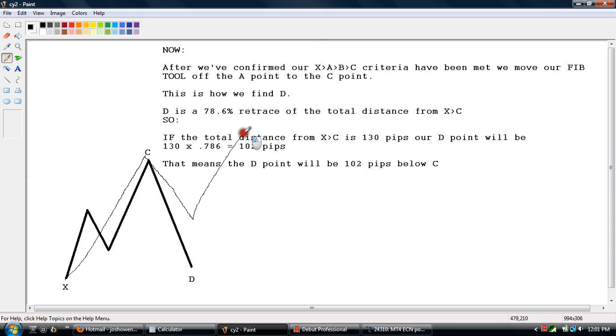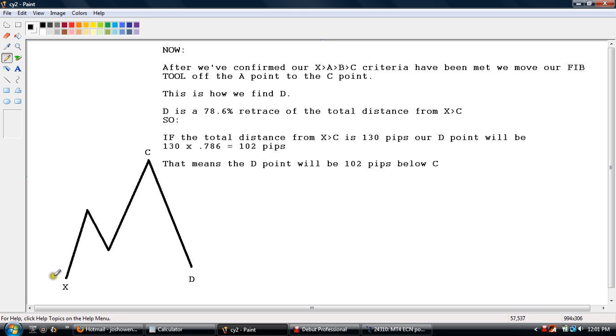An expansion would be back above C, okay? Now in the next video we're going to talk about the retrace from C to D. So naturally, thinking where prices come from the high to low of D, price moved from C down to D, a retrace would be back up towards C.